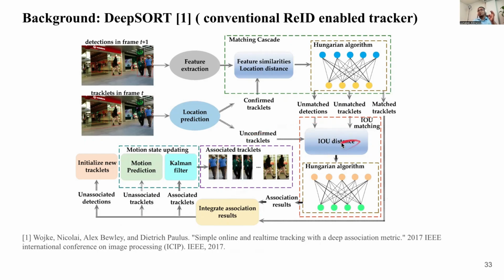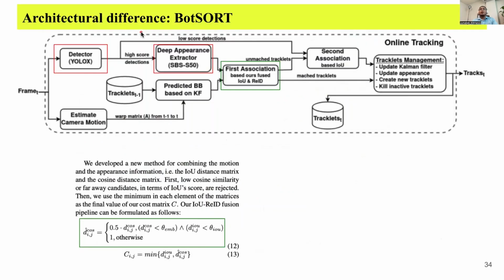So this is motion association, and this is the similarity association, the appearance feature association. This is also called the ReID matching, the ReID component. And then in the end, the associated tracklets will be obtained. Like this person is associated with this person from the previous track, and this is associated to this. So this is the background of DeepSORT.